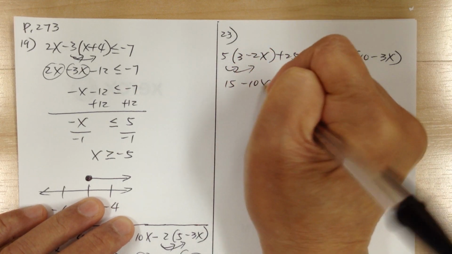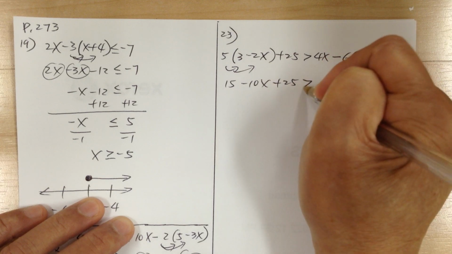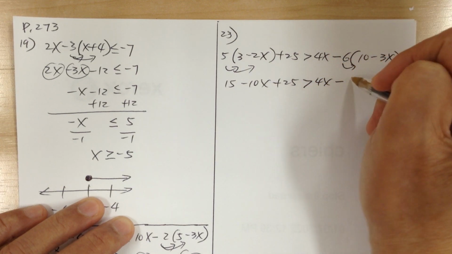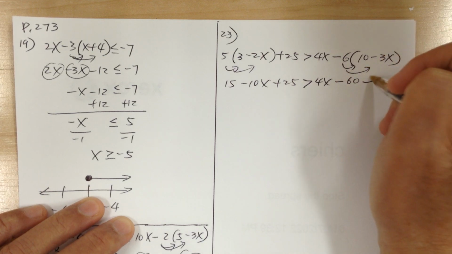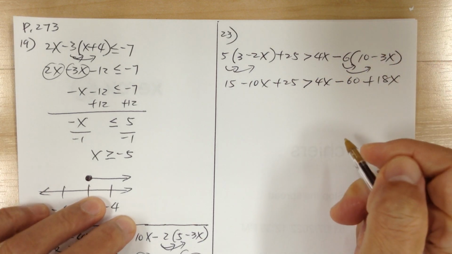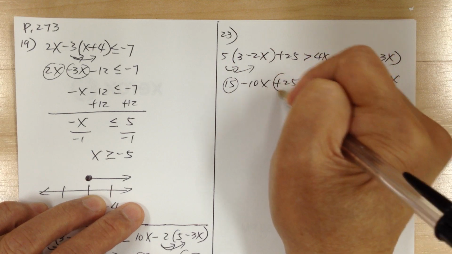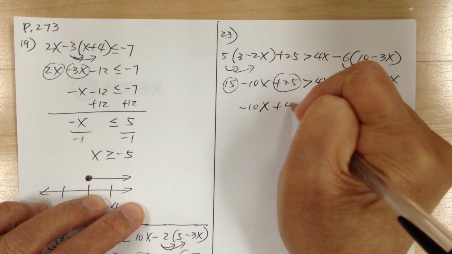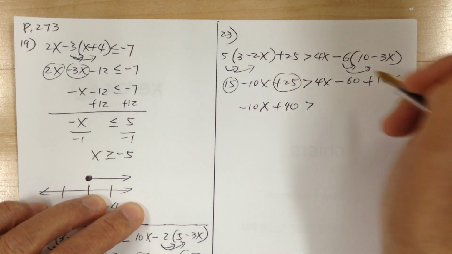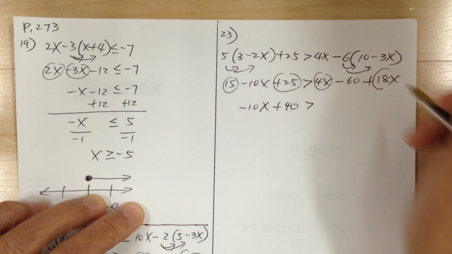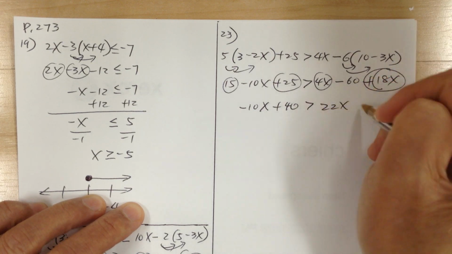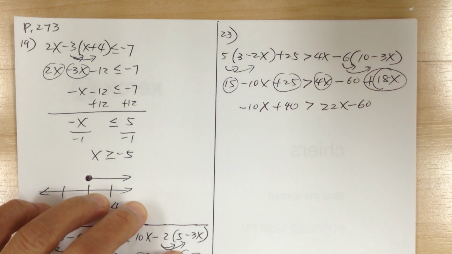Multiply, I get 10x plus 25 is greater than 4x. Multiply, you get negative 60. Multiply, get plus 18x. Next, let's go and combine the like terms. So we get negative 10x plus 40 is greater than, and this one and this one would be 22x minus 60. Okay.